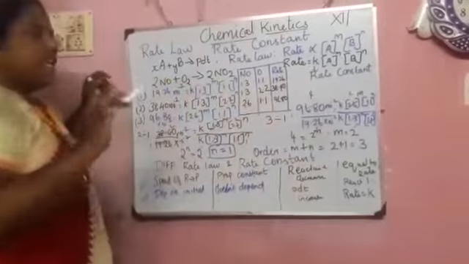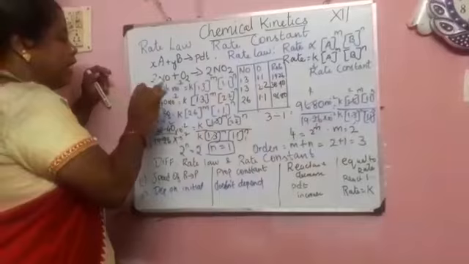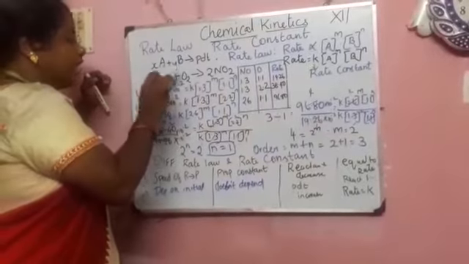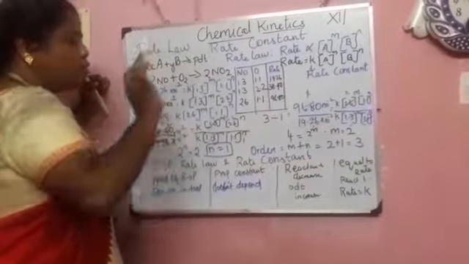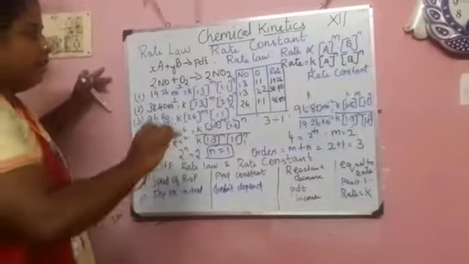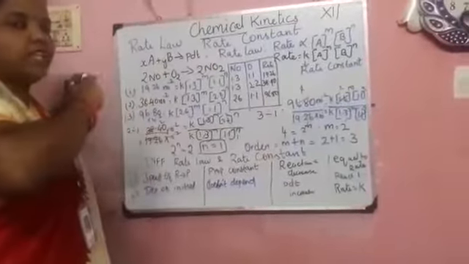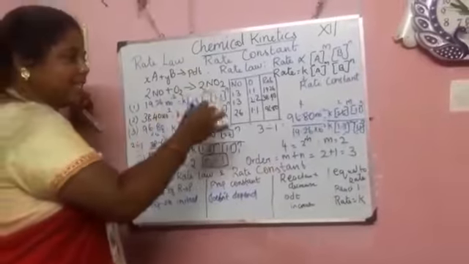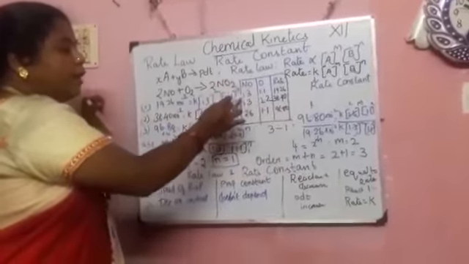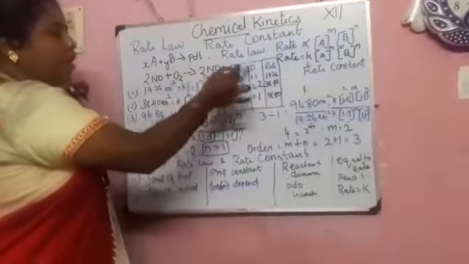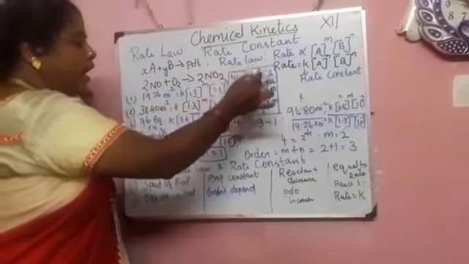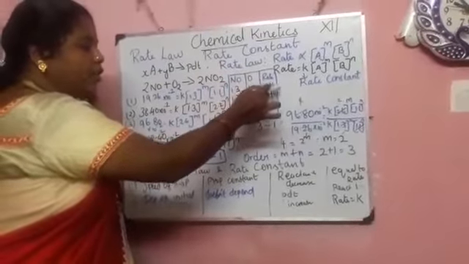Okay, let's see the example reaction. 2NO, nitric oxide, reacts with oxygen to form 2NO2. In this reaction, NO, O2 and the rate are given with some values. For NO 1.3 and oxygen 1.1, the rate is 19.26.